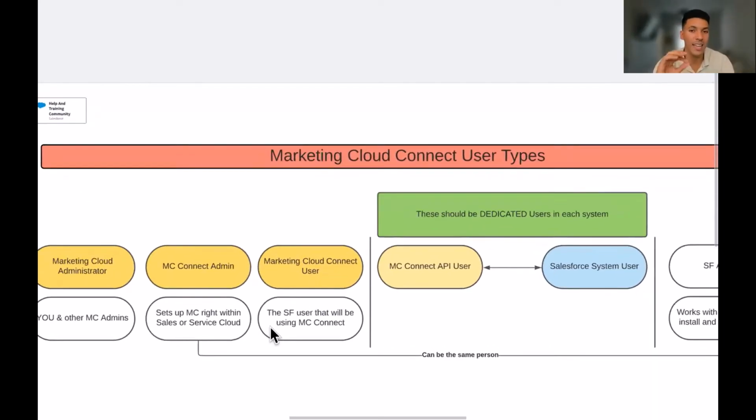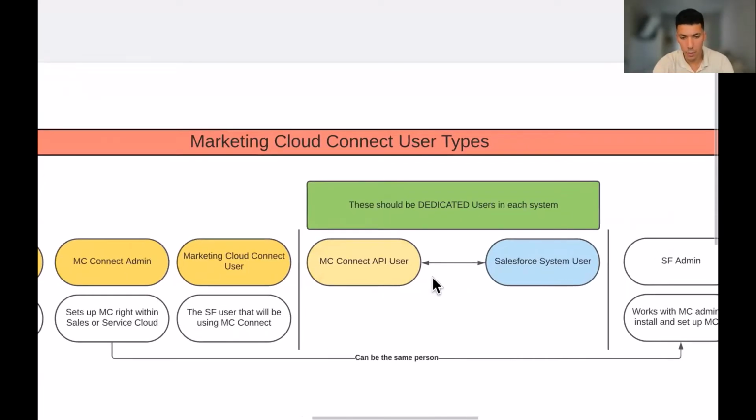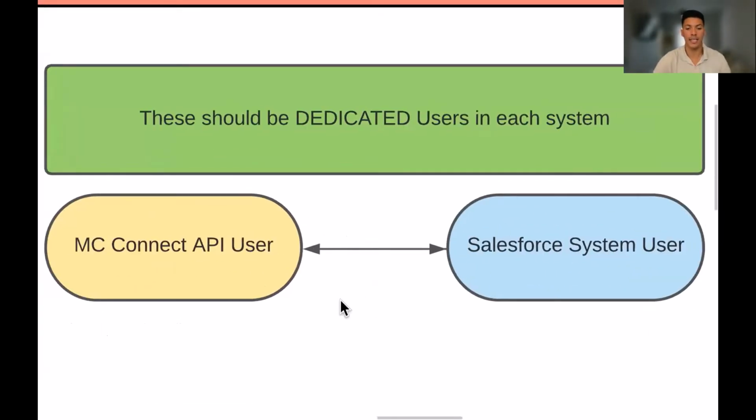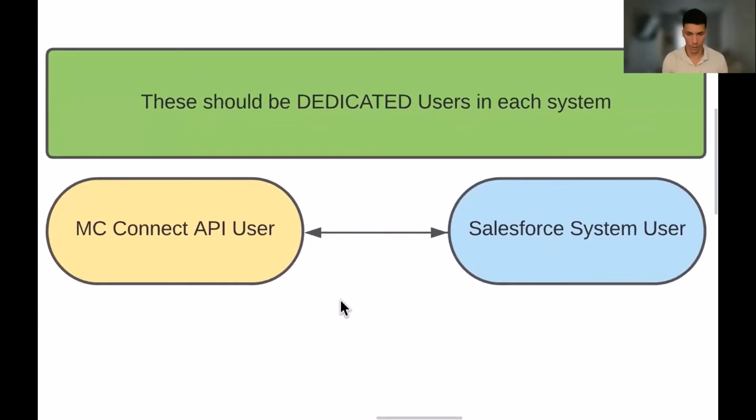The biggest thing I was confused about, and what I really want everyone to write down, is to understand these two users very well: the Marketing Cloud Connect API user and the Salesforce system user.